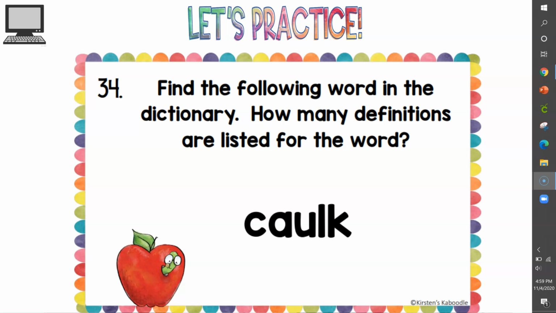Using the same online dictionary, let's take a look at the definition of caulk. Let's see how many meanings it has. Pause right here to find the definition of the word caulk. Let's go ahead and take a look at the definition together.